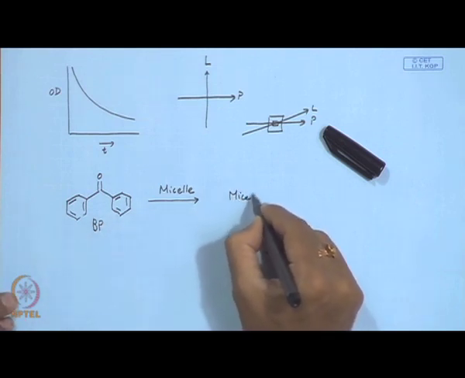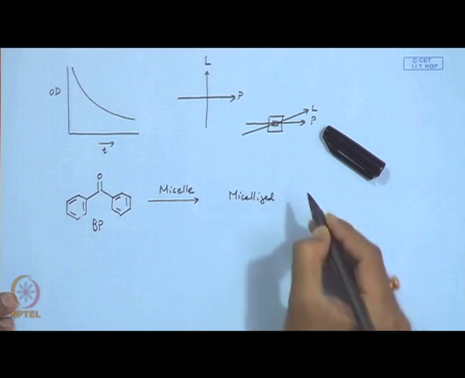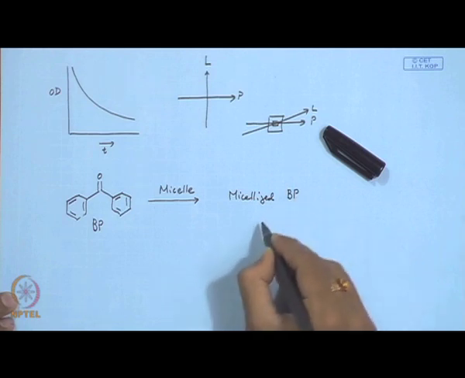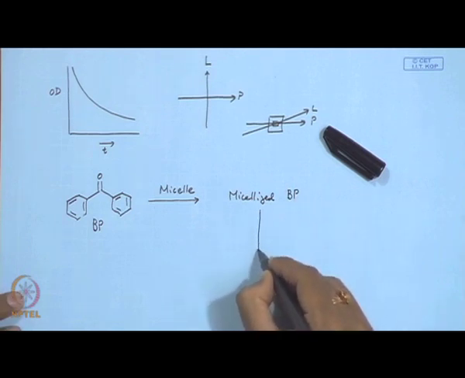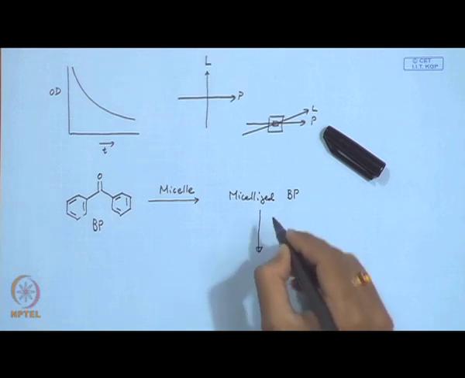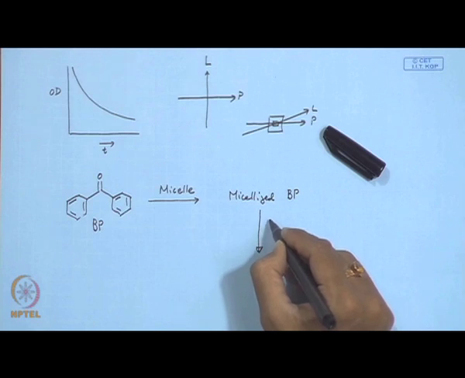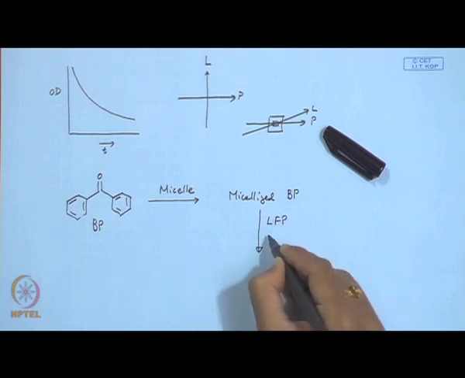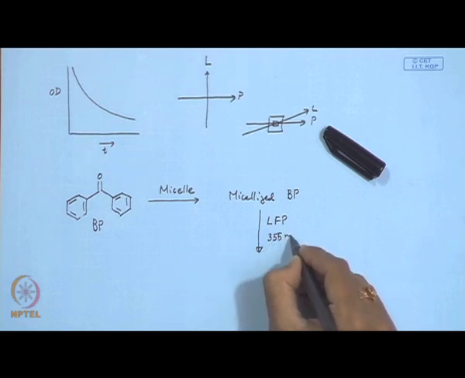Then if this micellized benzophenone is excited with say a laser source, I mean it is flash photolysis. I am talking about laser flash photolysis, LFP, and the frequency is say 355 nanometer of Nd:YAG.